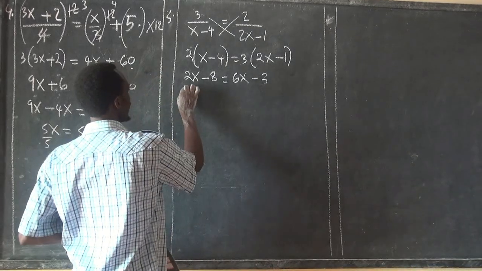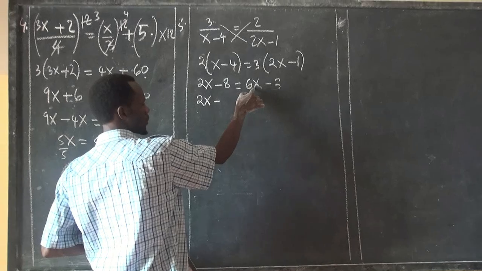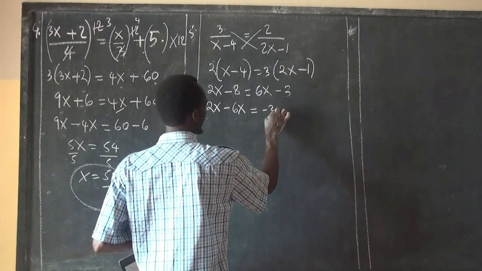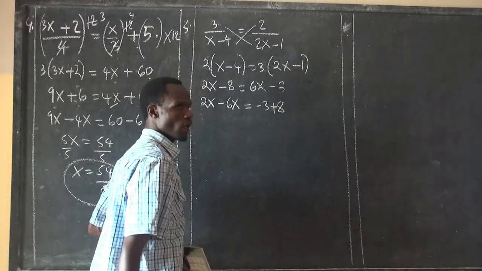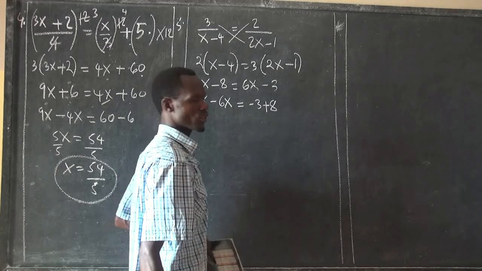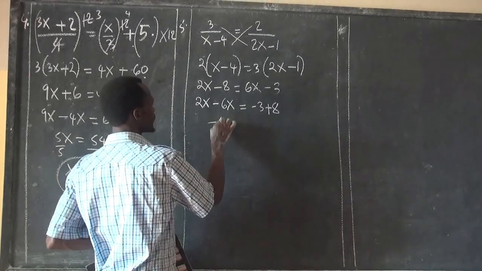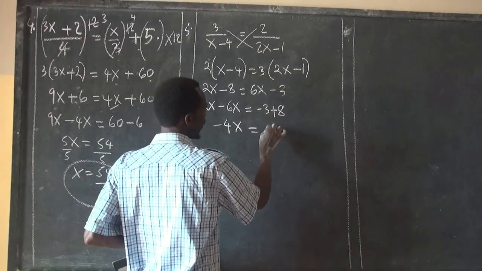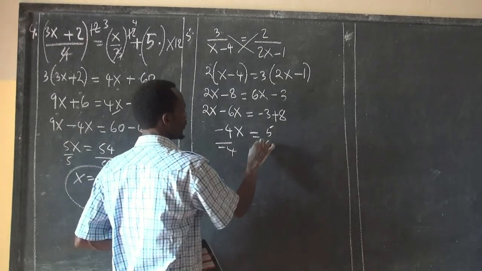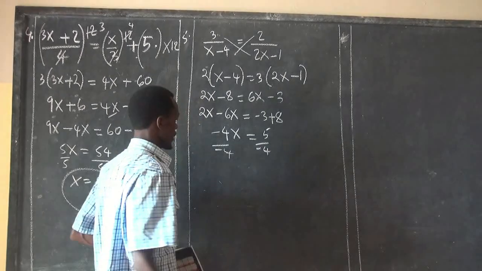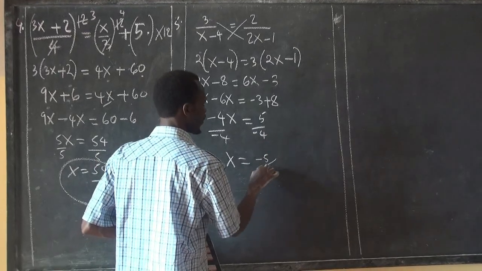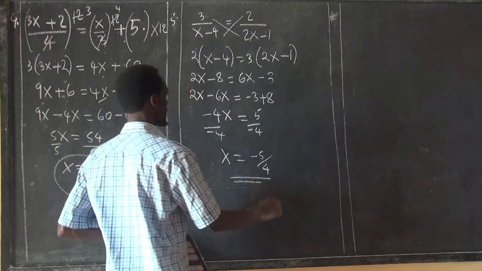Collect the like terms. Now you have 2x, this is positive becomes negative 6x, this is negative now is equal to negative 3 positive 8. Why I have written here negative? Because negative is still there. You understand? Now this is negative 4x is equal now to positive 5. We divide it by negative 4. Now x is equal to positive divided by negative, 5 over 4. So this is an answer.